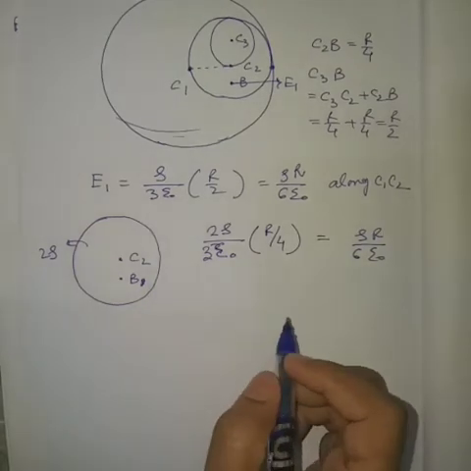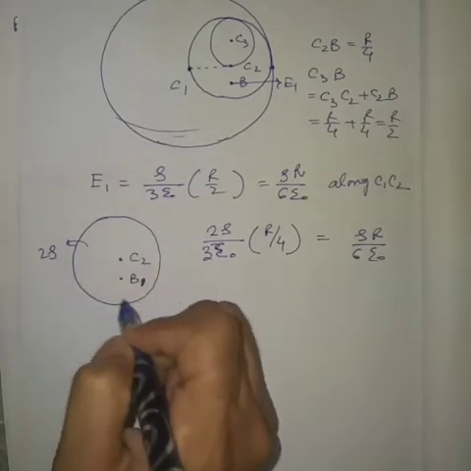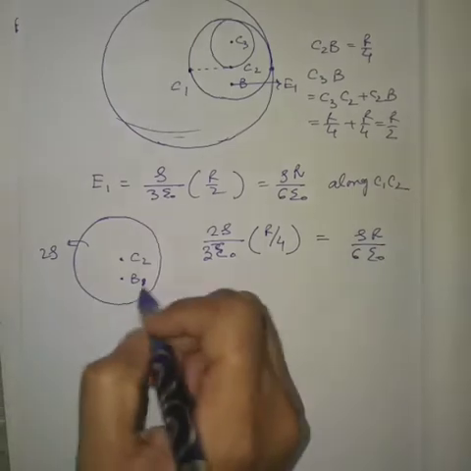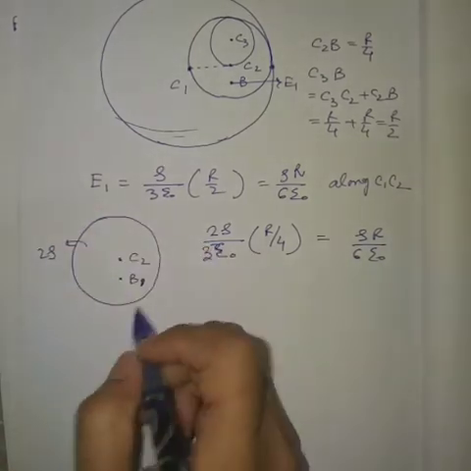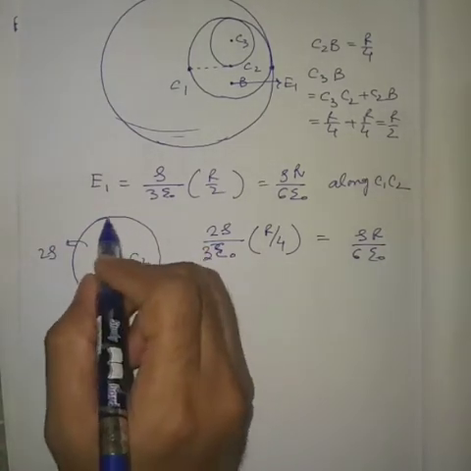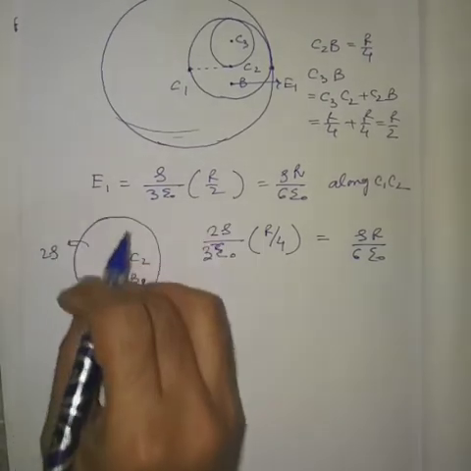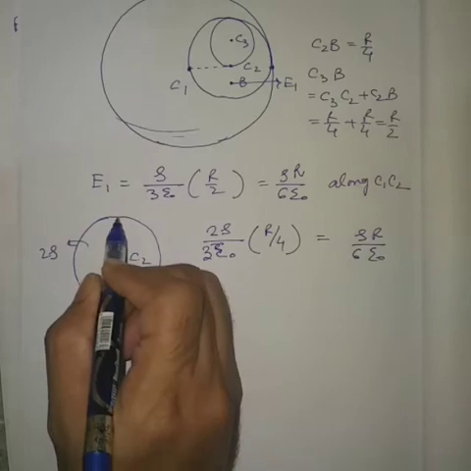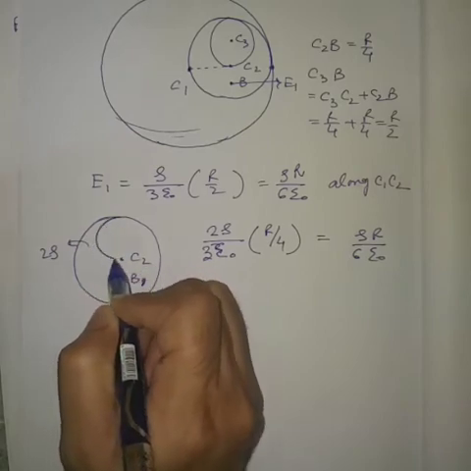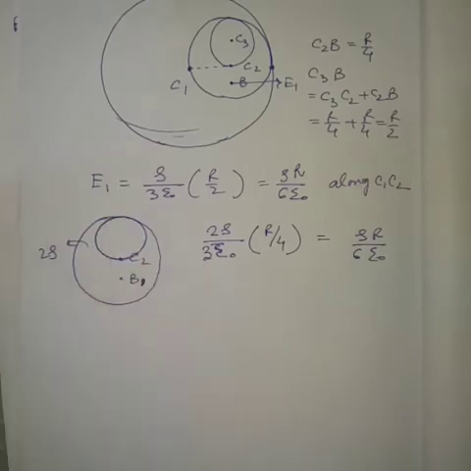But remember one thing, that this sphere is not totally charged, that is, the volume charge density 2 rho is not distributed throughout the whole volume of the sphere. This region has another volume charge density.